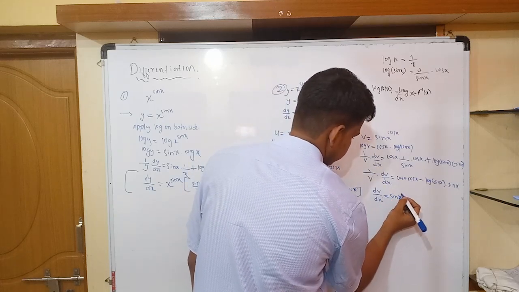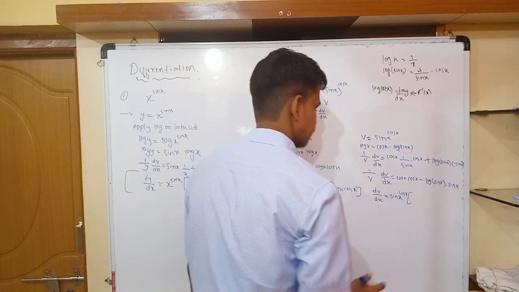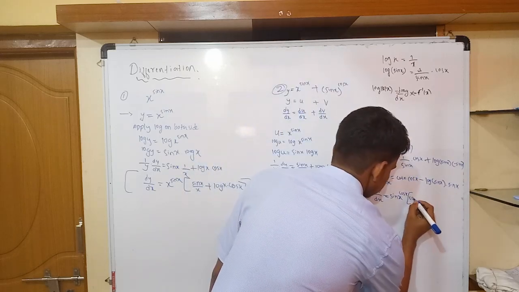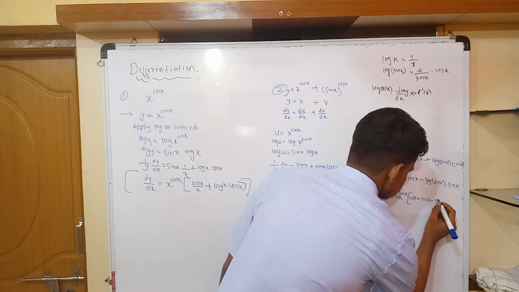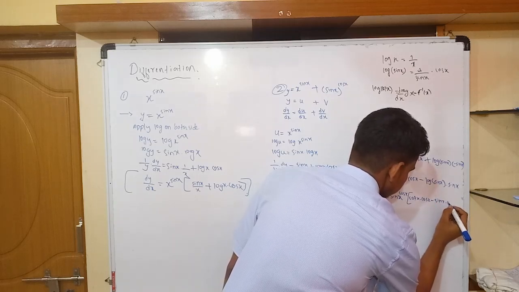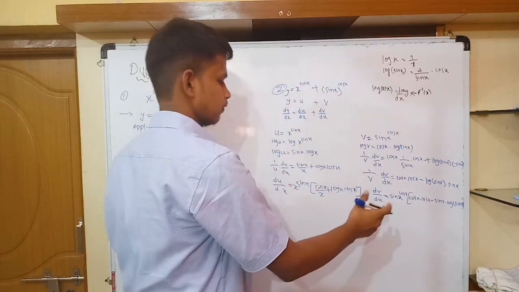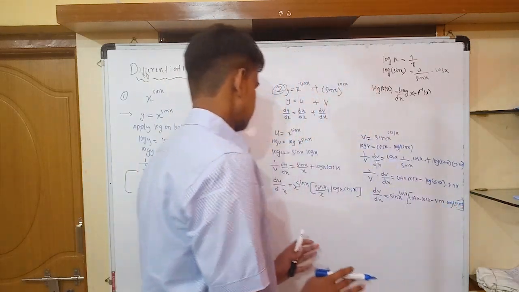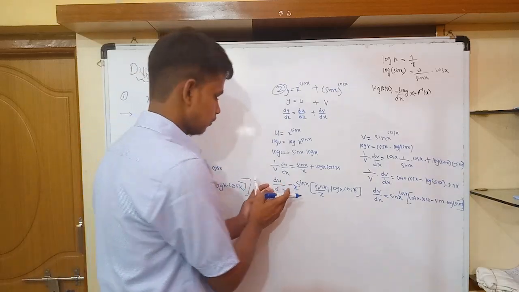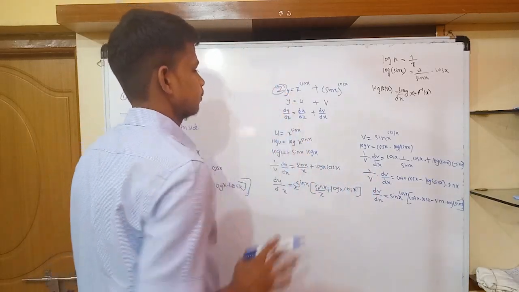I write sin x raised to cos x into a bracket, in which this function is cot x into cos x minus sin x into log of sin x. Okay, here we have got this function, and now I have got dv by dx also, the derivative of v.